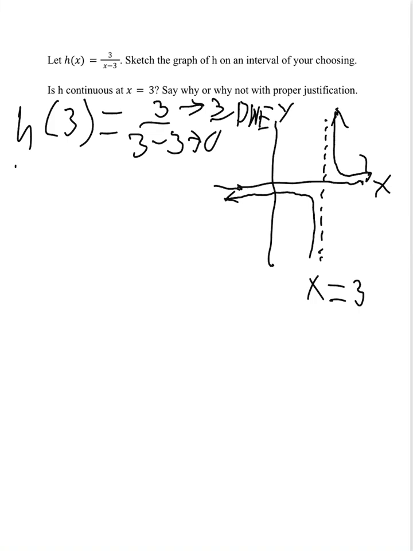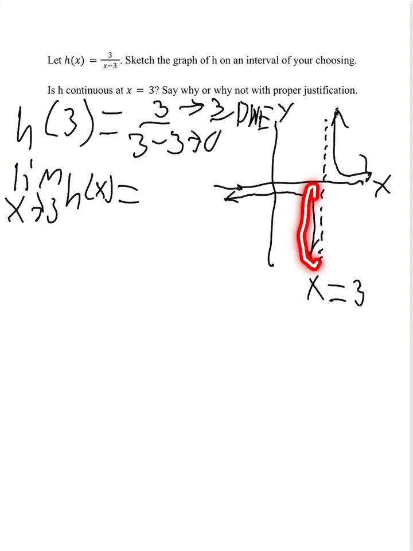So let's find the limit as x goes to 3 of h of x. Now, notice how I said at the beginning of the video that the limits from both sides must equal each other, or the limit doesn't exist at all. You're going to a y value of negative infinity on one side, and then infinity up here.